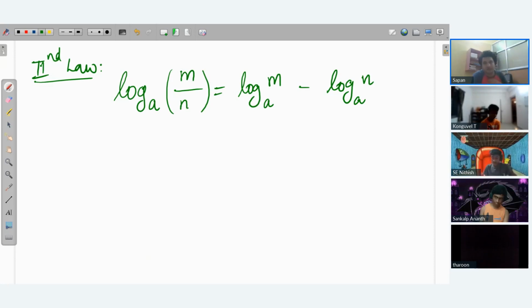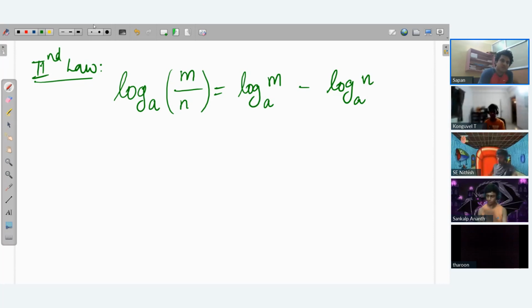This is always true, whatever m, n, or a are, as long as the denominator is non-zero. This helps in manipulating the fraction under logarithms, or in the reverse way, it helps in manipulating the difference of logarithms into a fraction.